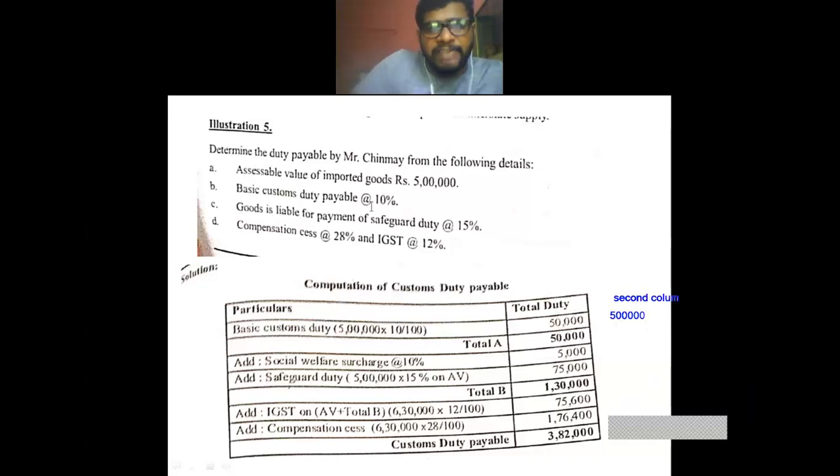Next, basic custom duty at 10 percentage. Basic custom duty 10 percentage means you have to calculate basic custom duty for which amount? Assessable value amount.